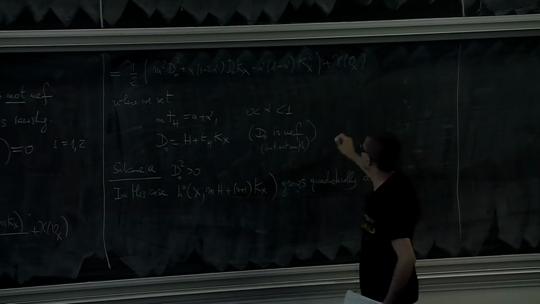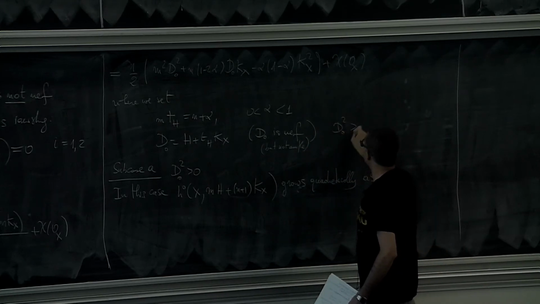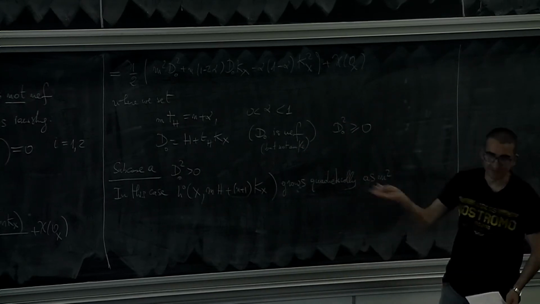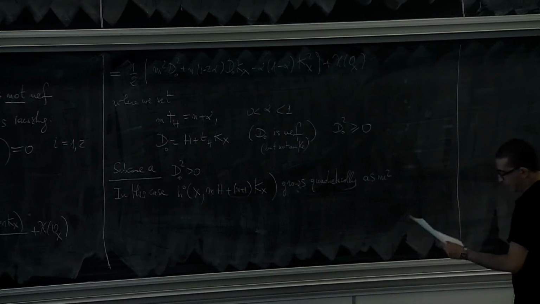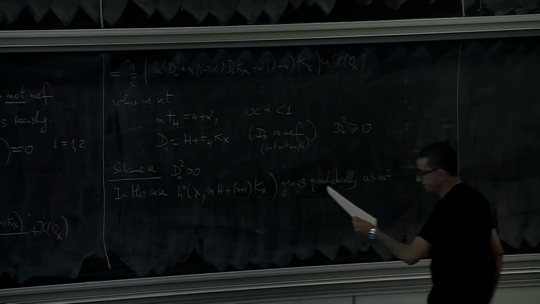This is nef, so d0 squared cannot be negative. Okay, perfect.